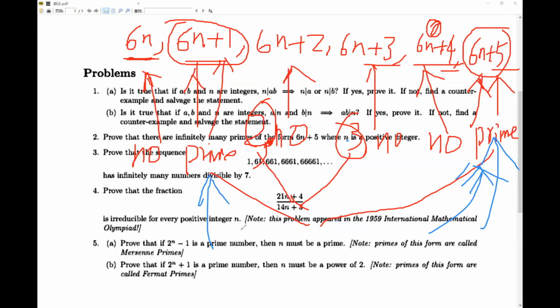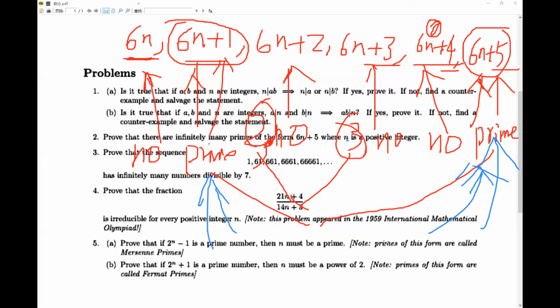With one group it is easy, but with two groups it is hard. You already know there are infinitely many prime numbers in total, divided into two groups, 6n plus 1 and 6n plus 5.